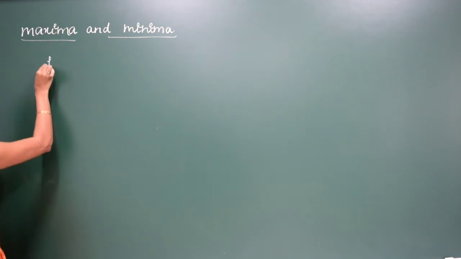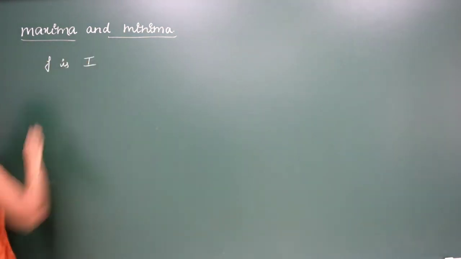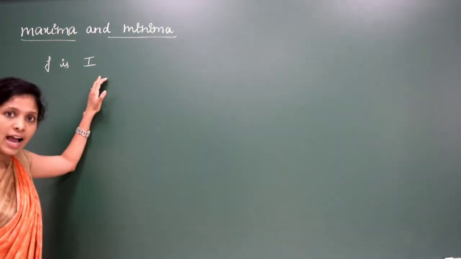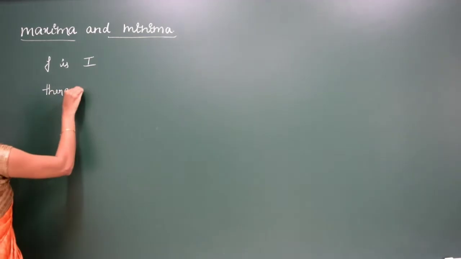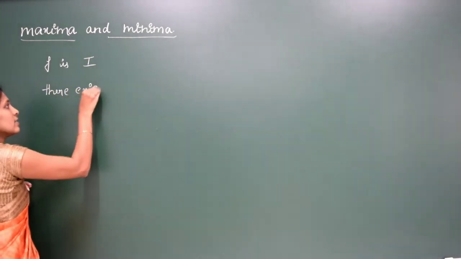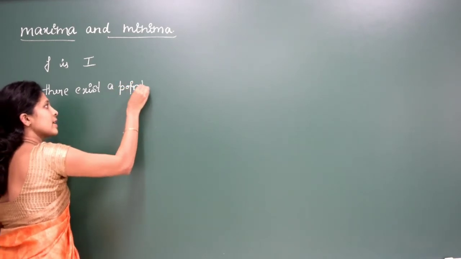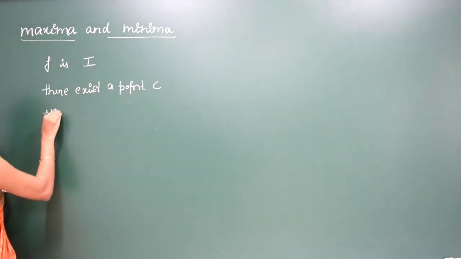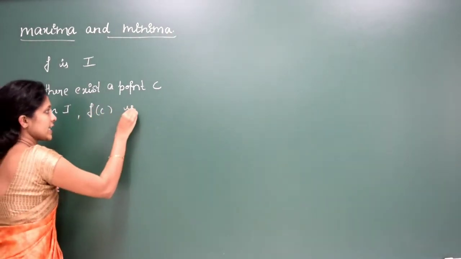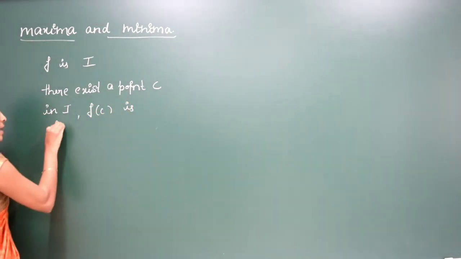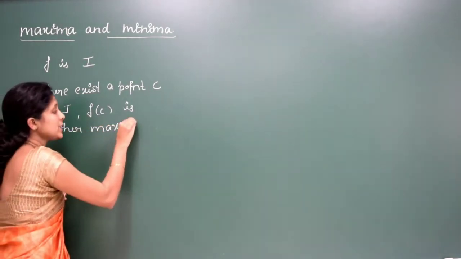Suppose a function f is defined on an interval I. Okay, so the function is defined in an interval I. Now there exists a point c in I. Then the value of f of c is either maximum or minimum.